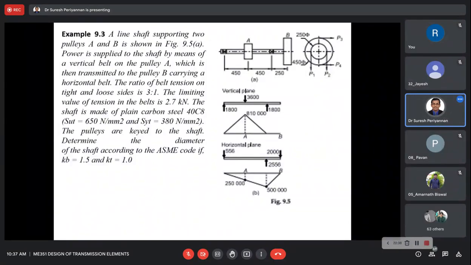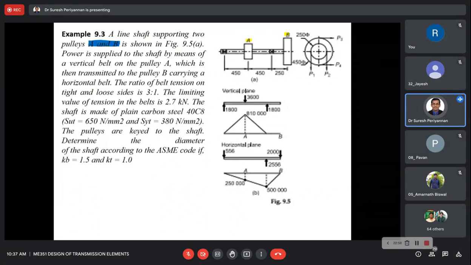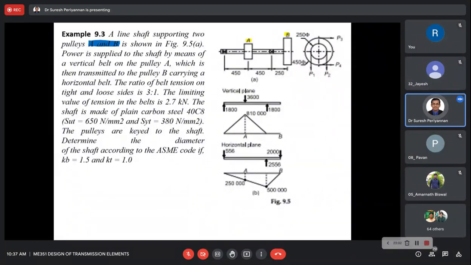A line shaft supporting pulleys A and B. Pulley A, pulley B. Power is supplied to the shaft by means of the vertical belt on pulley A, where the input power is supplied.